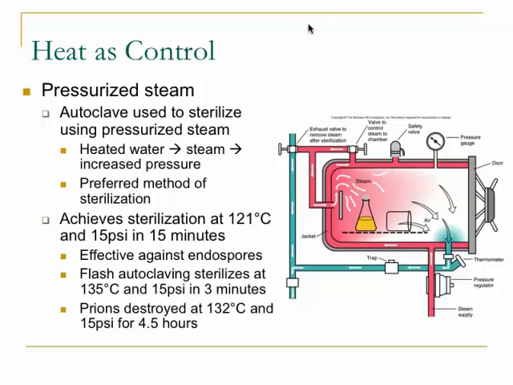Pressurized steam is the autoclave. This is the machine that's used to prepare all of our laboratory supplies. It's a very effective means of sterilizing metal instruments, glassware, and liquids. The standard run is 121 degrees, 15 psi. I think your book says 15 minutes, but 15 to 20 minutes is usually sufficient to sterilize a piece of glassware, a metal instrument, or a liquid.